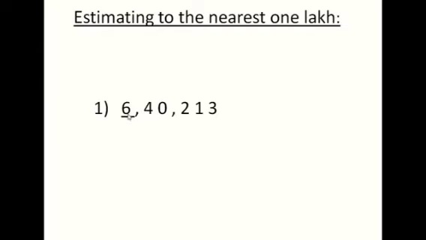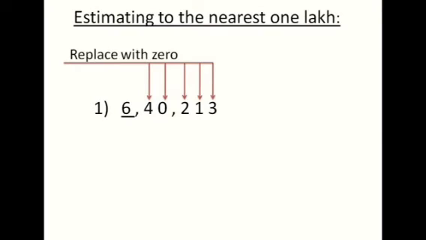I am repeating one more time. Follow me. What I told? You will have to check the 10,000 place. If it is less than 5, then the 1 lakh place will be unchanged. And this 10,000, 1,000, 100, tens and units place will be filled with zeros.